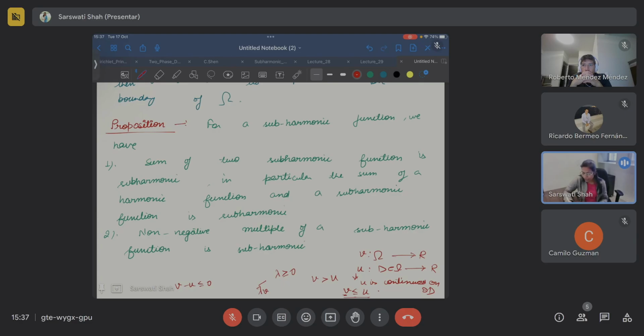If you take a negative multiple, then minus lambda V minus U might be greater than 0, so it can violate this condition. That's why we take the non-negative multiple of a subharmonic function. So non-negativity is a very important point for this statement.